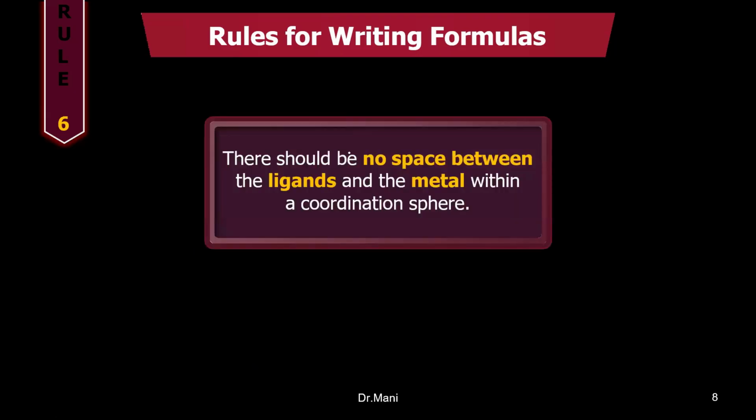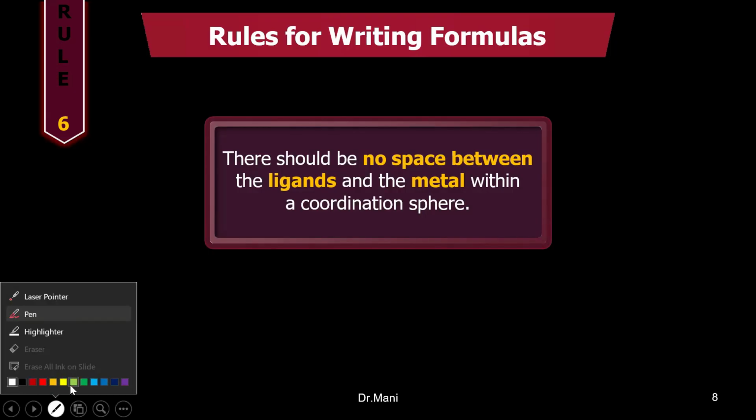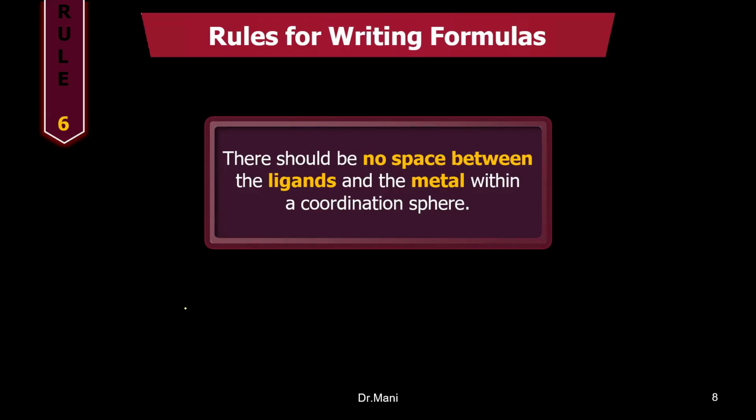Next one. There should be no space between the ligands and the metal within the coordination sphere. I'll write two different ways: cobalt chlorine 6, 3 minus, or cobalt, space, chlorine 6, 3 minus.